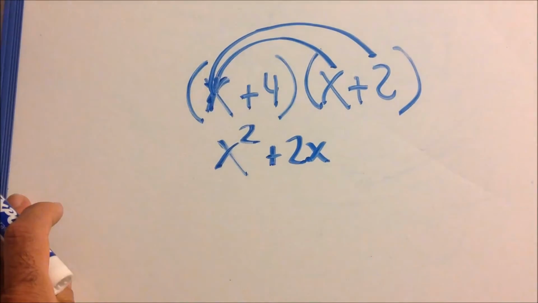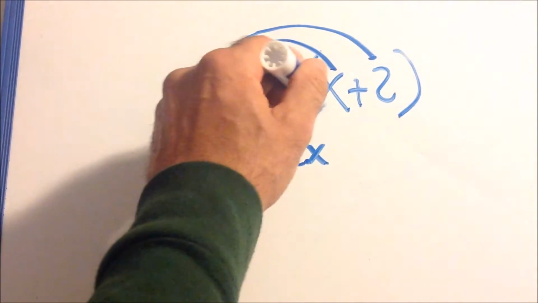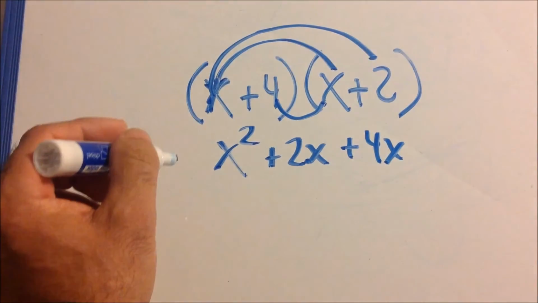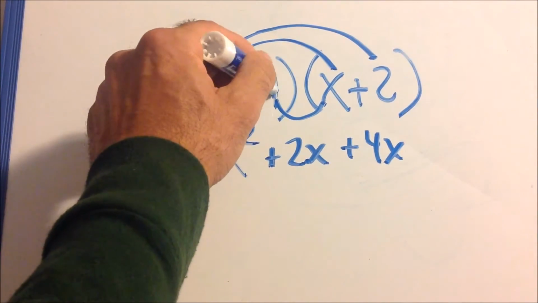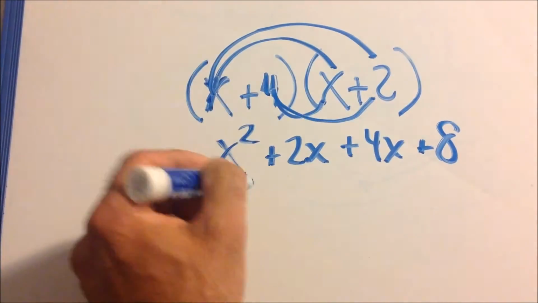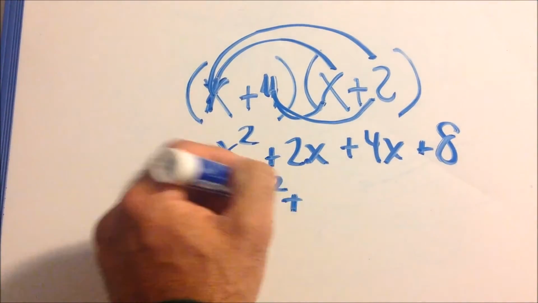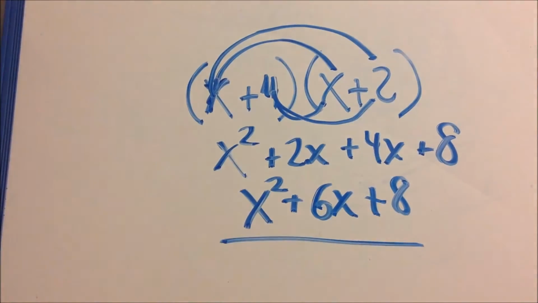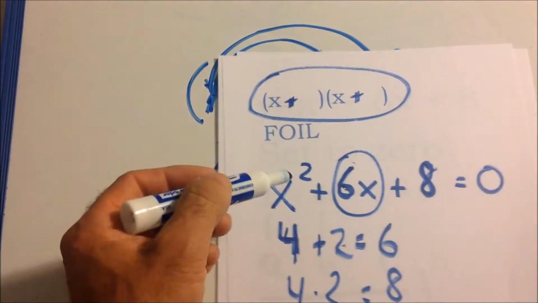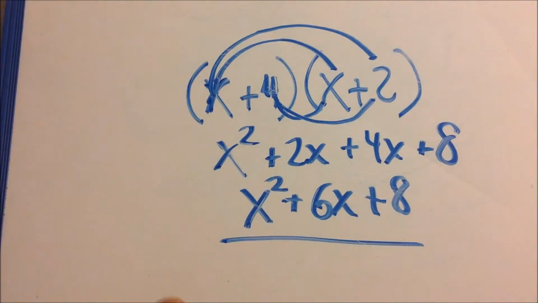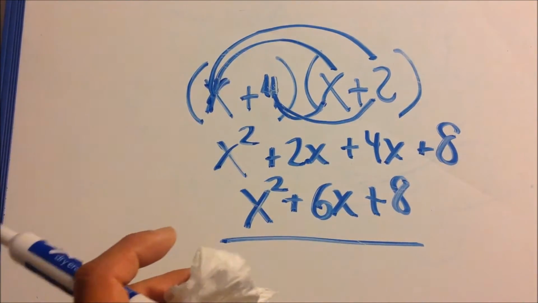Then inside times inside, we get 4x. And then last times last, we get 8. Putting this together and combining like terms, we get x squared plus 6x plus 8. We got the original equation right here. So we know now that the binomials are x plus 4 and x plus 2.